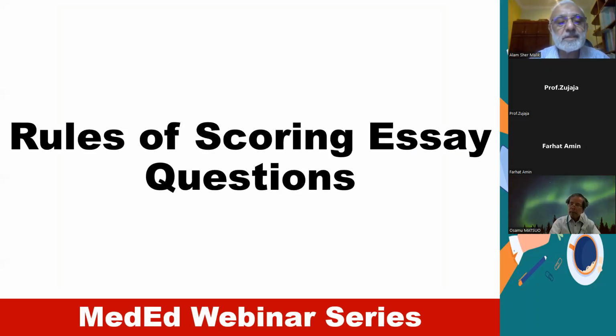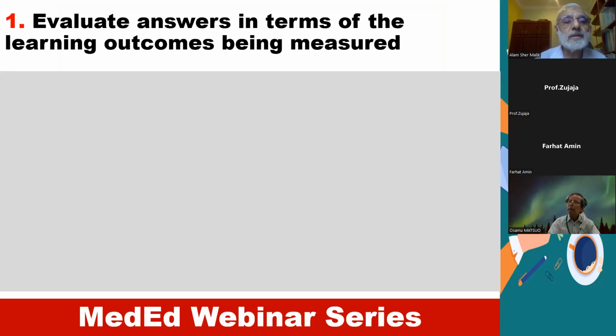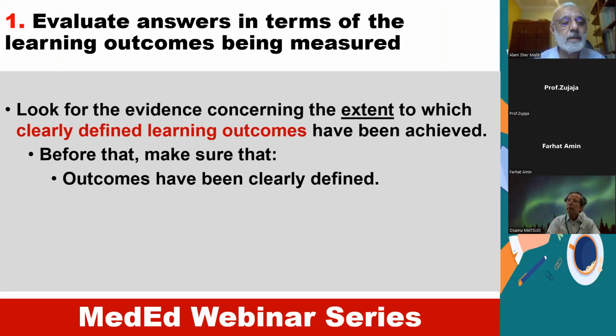Rules of scoring essay questions. Number 1, evaluate answers in terms of learning outcomes being measured. Look for the evidence concerning the extent to which clearly defined learning outcomes have been achieved. And this extent can be seen in the rubrics at the different levels.